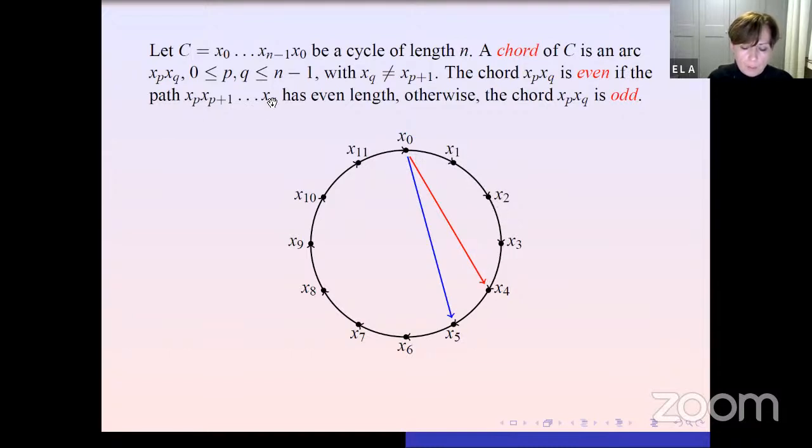If the length of the path going through the cycle is even, otherwise the chord is odd. So on this picture, the red chord is even because the length of this path is even. It has 4 arcs, so the length of this path is 4. So the red chord is even, the blue one is odd.